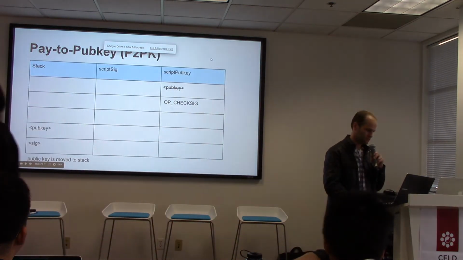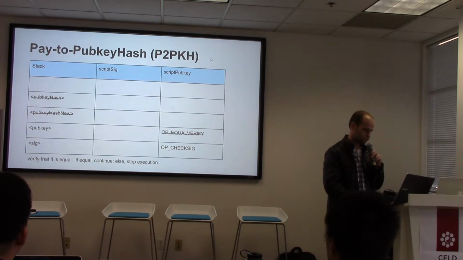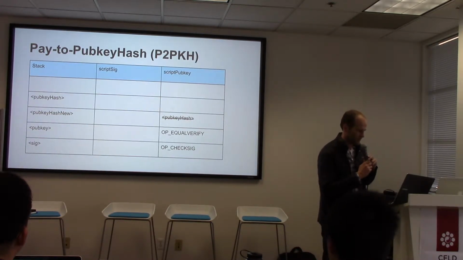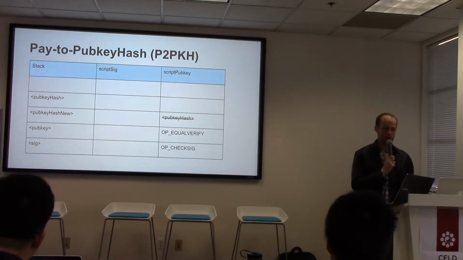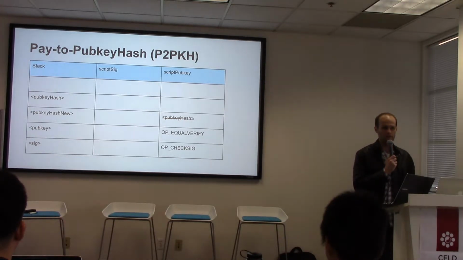So the script always has to output true or false? Yeah, so it has to not invalidate the transaction. Normally it just leaves true on the stack. If it doesn't, it might either leave a falsy value on the stack, or it might invalidate the transaction, so there are two ways it could end.